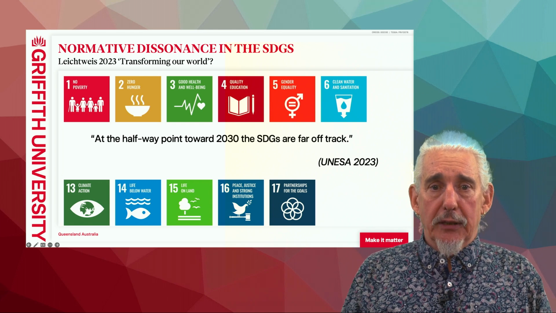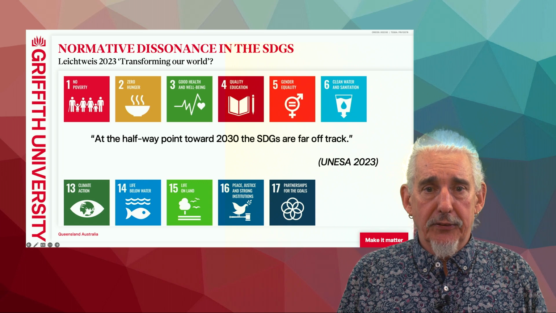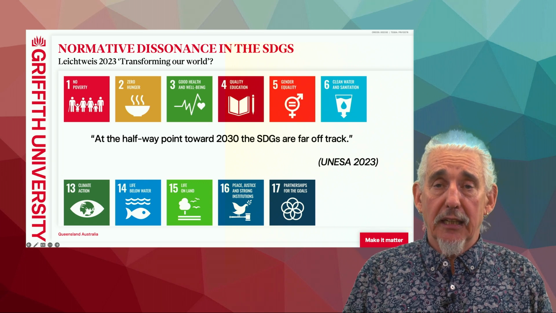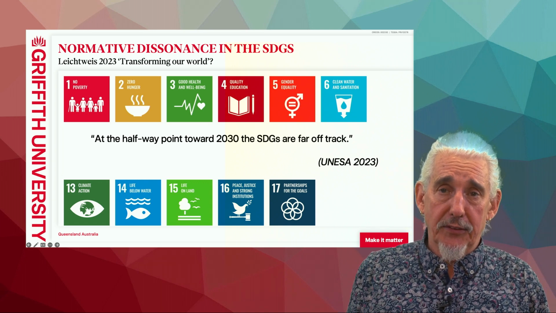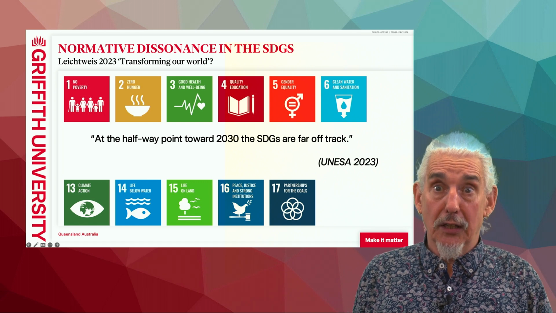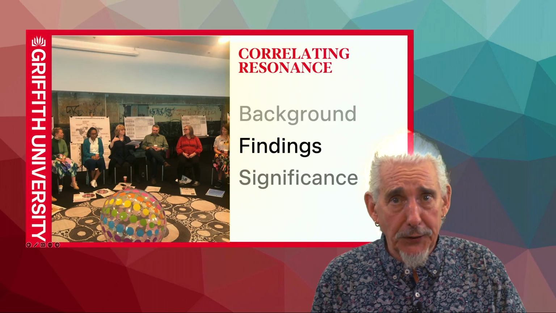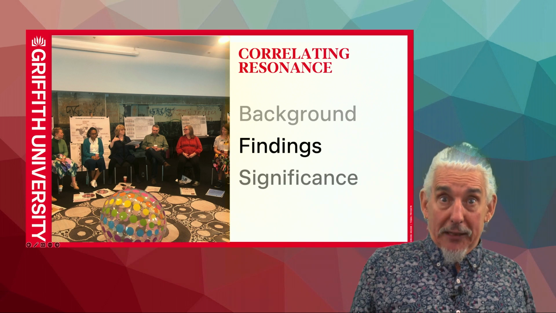So it became brutally obvious that the tension between economic growth and sustainable outcomes was not particular to my Southeast Queensland sustainable food providers. It's a global problem. So I went back to my data.